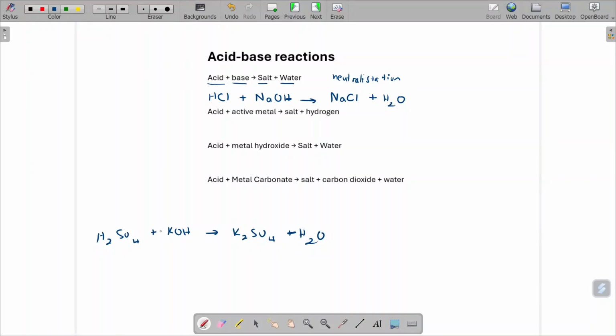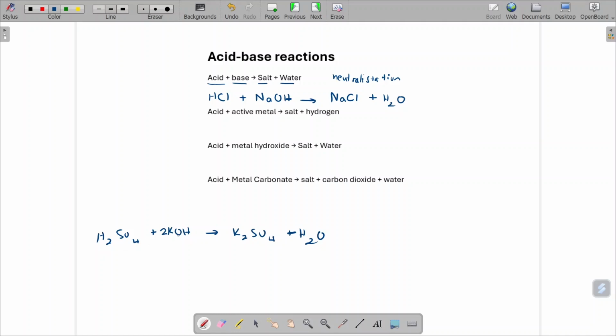So when we write these chemical equations, we have to balance them, make sure that the number of moles on each side is the same. In this case, to balance this equation, we put a 2 in front of the KOH. That gives us 2 potassiums on the left, 2 potassiums on the right.